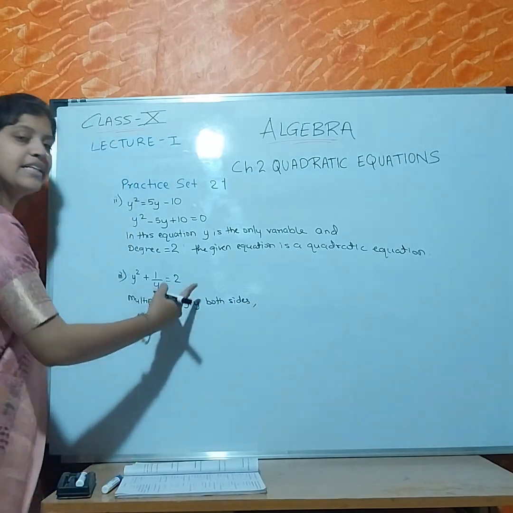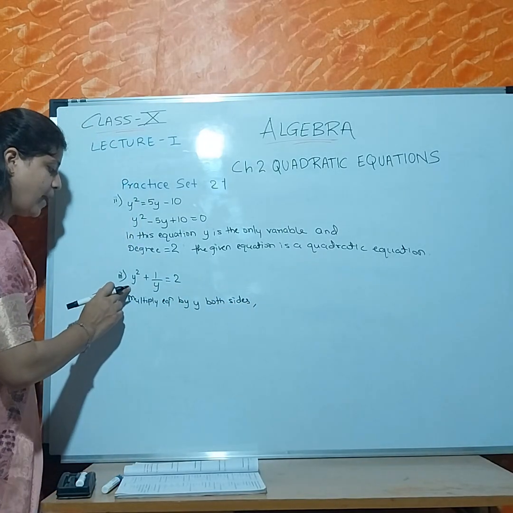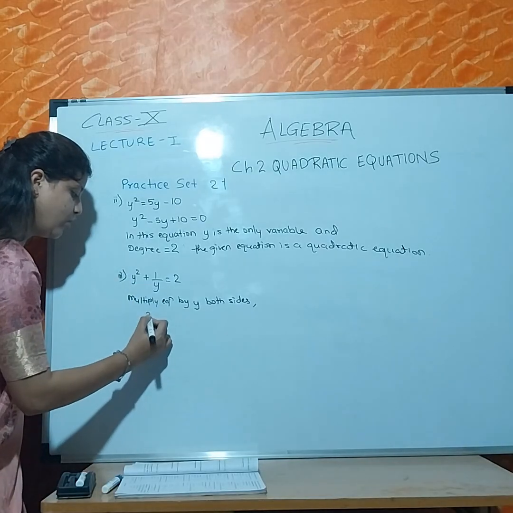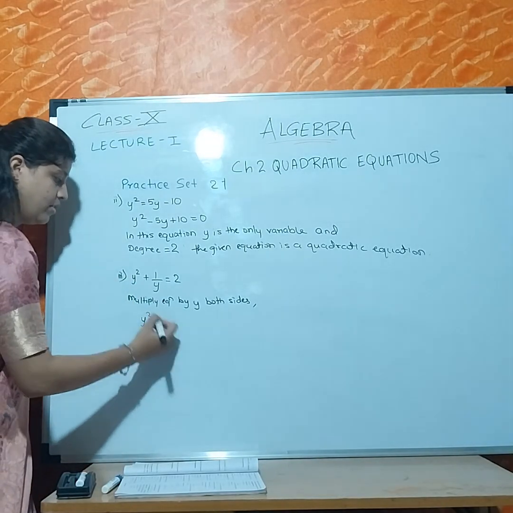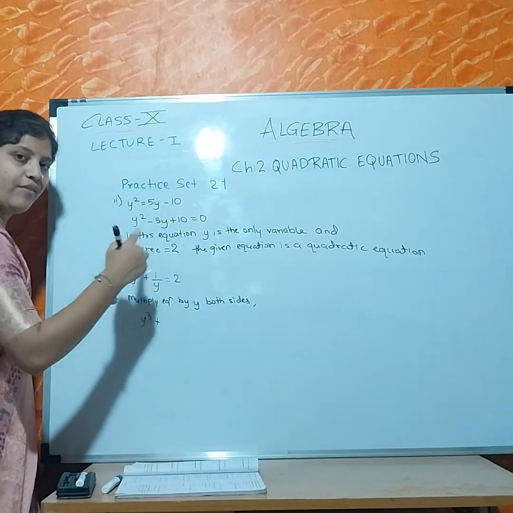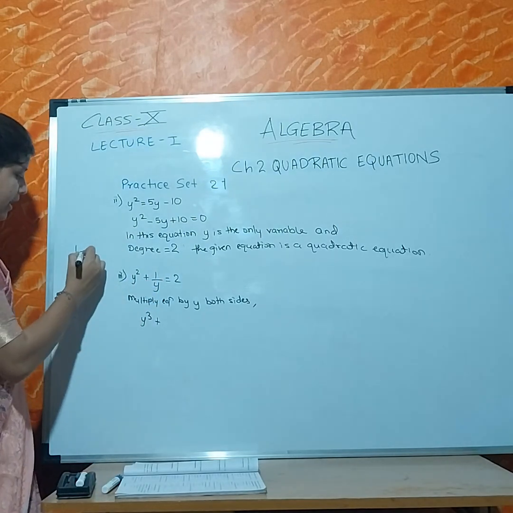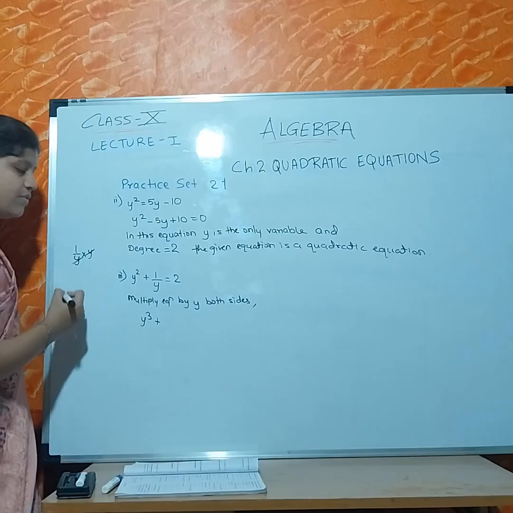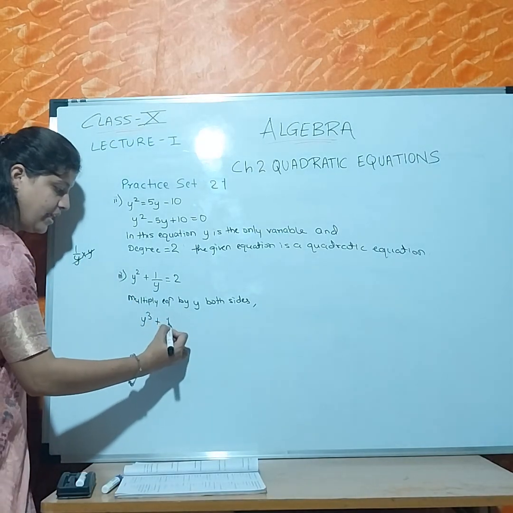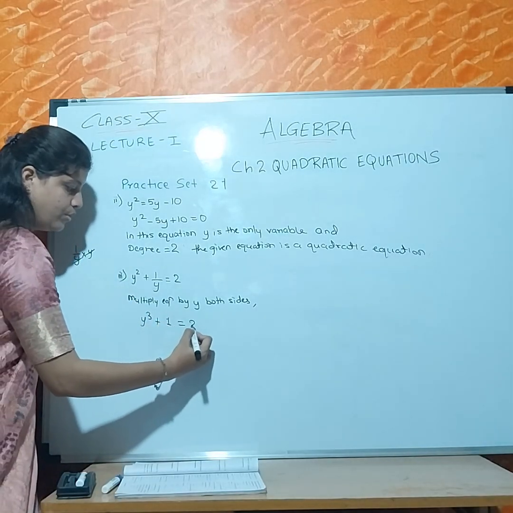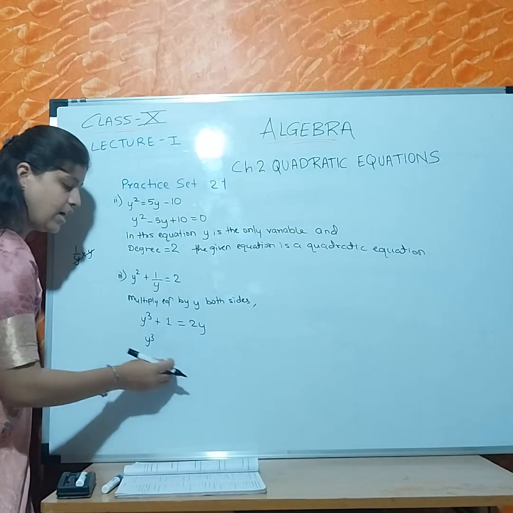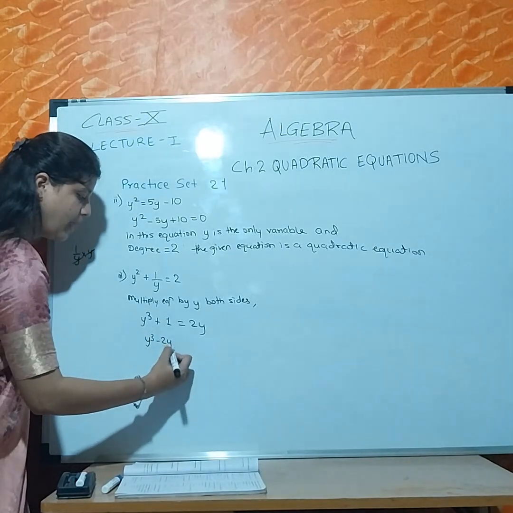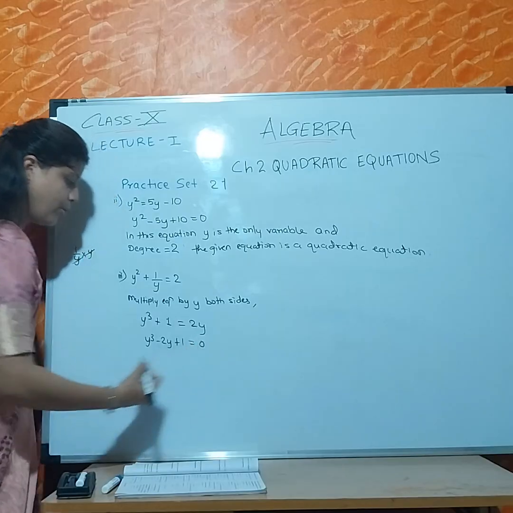If we multiply this equation by y, we get y square into y, y cube, plus 1 upon y into y, this y and this y get cancelled, we get 1 is equal to 2y. That means y cube, this 2y when it comes this side, minus 2y plus 1 is equal to 0.